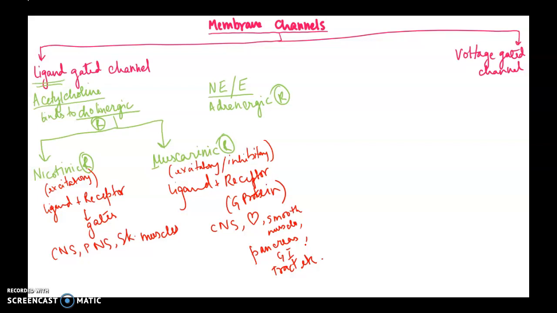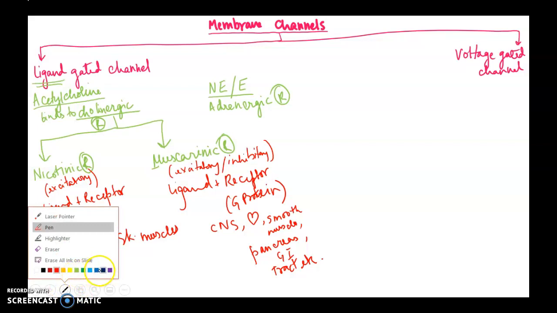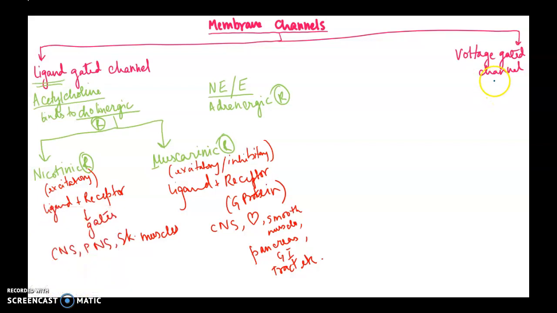Now, moving on to the voltage-gated channels. Remember, they require some sort of electrical current to open. And there are three types that we will talk about.